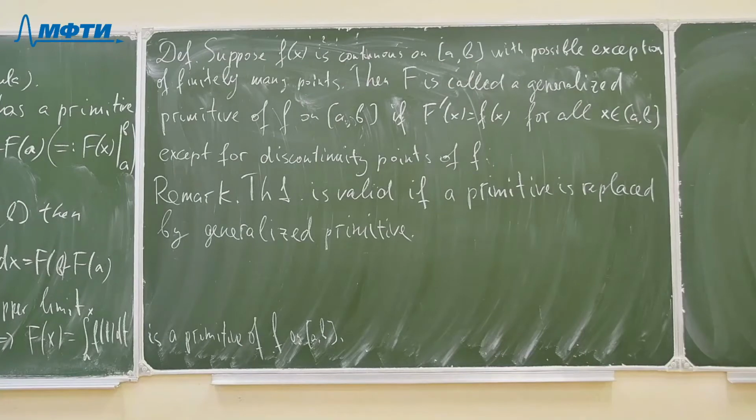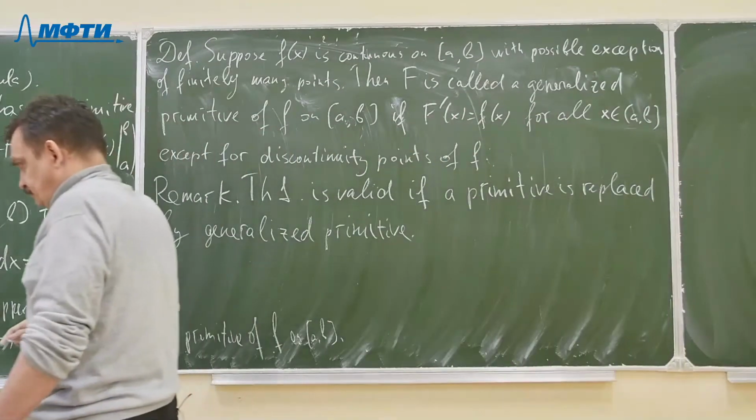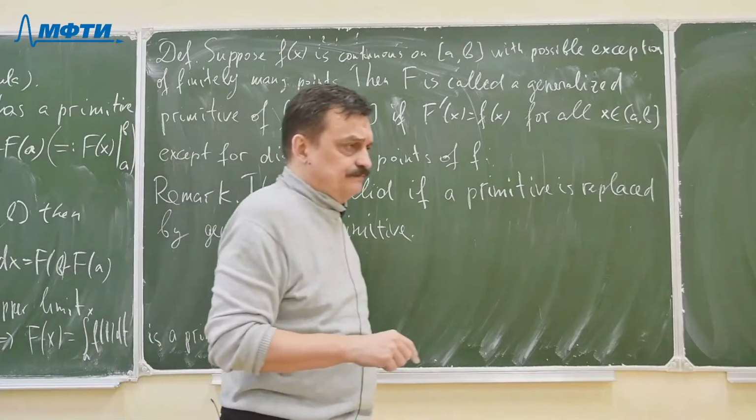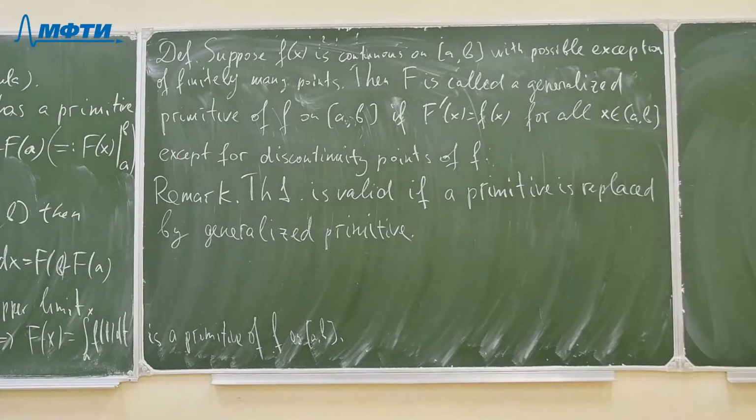I'll not prove it. You should just consider several intervals where our function is continuous and apply the theorem together with a theorem we had, that if a function is continuous on an open half interval, right, and is bounded on that interval, then it is integrable over the closed interval AB.